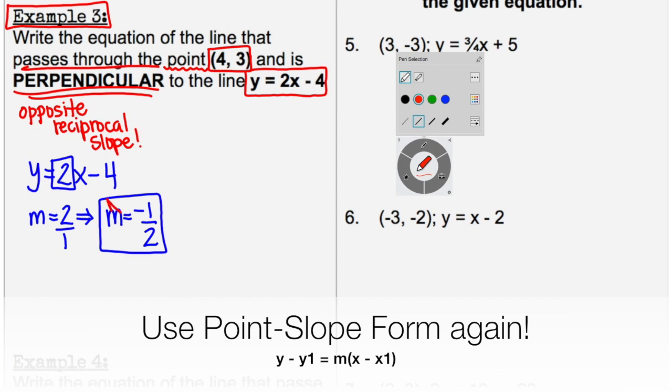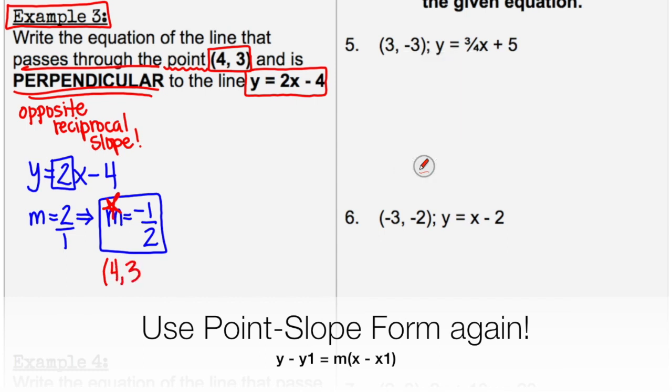The next thing that we're going to do with that new slope, not the original, and the point that we started with of (4, 3), just like in the last one, is use our point-slope formula, which is y minus y1 equals m times x minus x1.